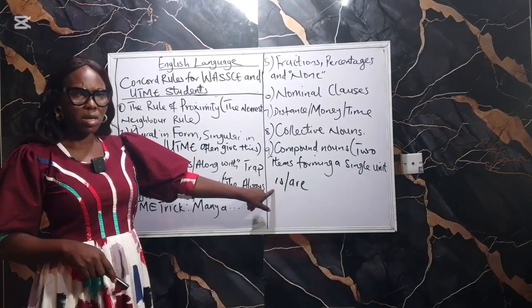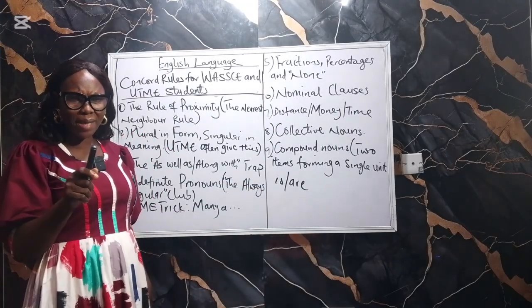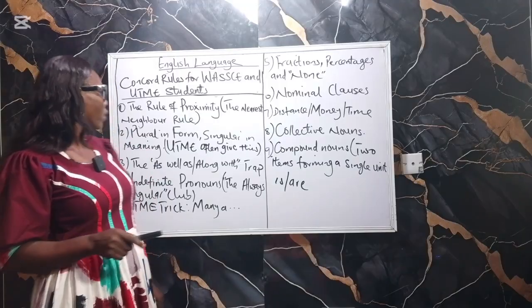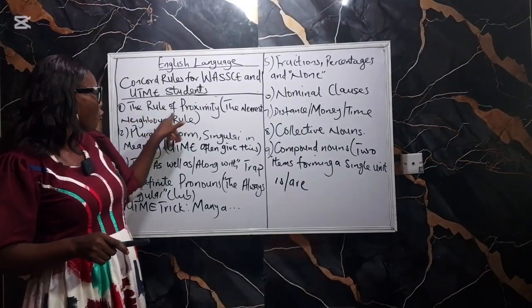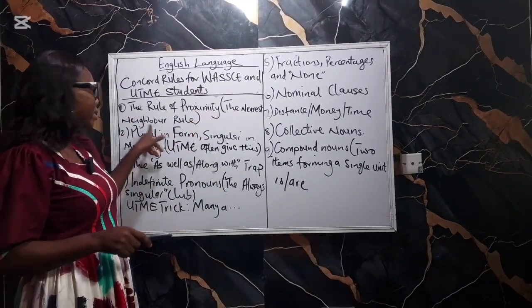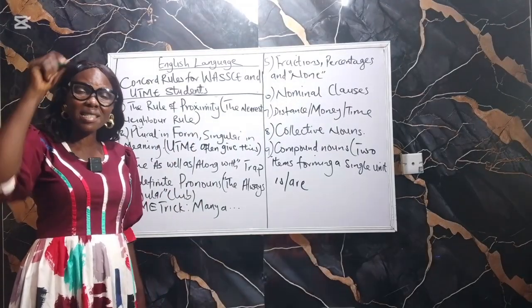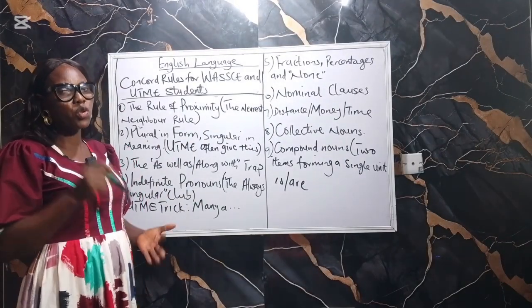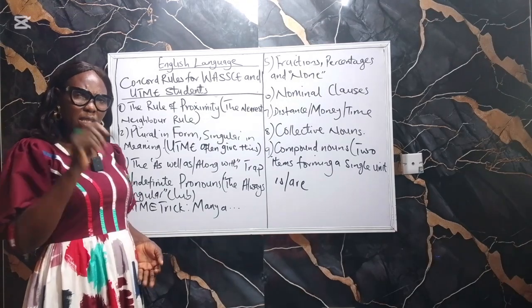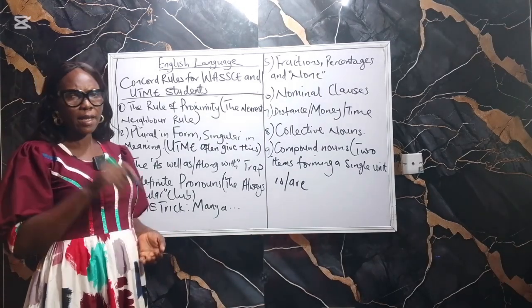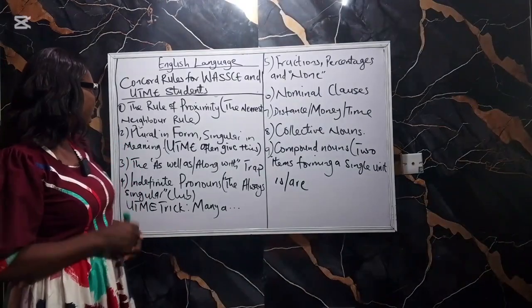It is going to be is, because principal is one person, and that is the subject closest to the verb. That is why we call it the rule of proximity, the nearest neighbor rule. If the subject nearest to the verb is plural, the verb will be plural. But if it is singular, the verb will be singular.